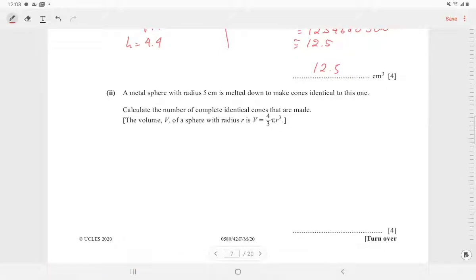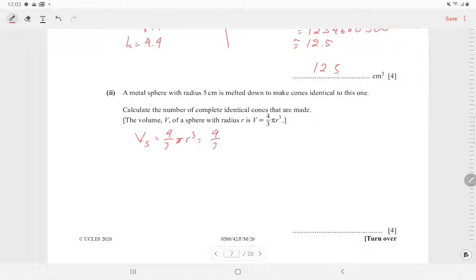A metal sphere with radius 5 centimeters is melted down to make cones identical to this one. Calculate the number of complete identical cones. First, find the volume of the sphere. The volume of a sphere is 4 over 3 pi r cubed.